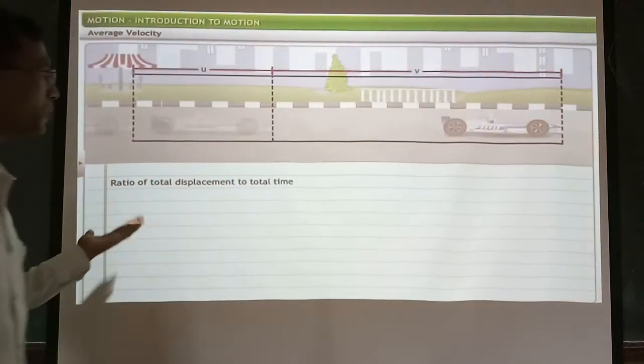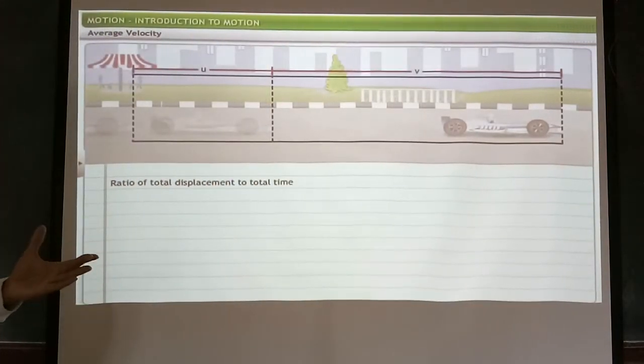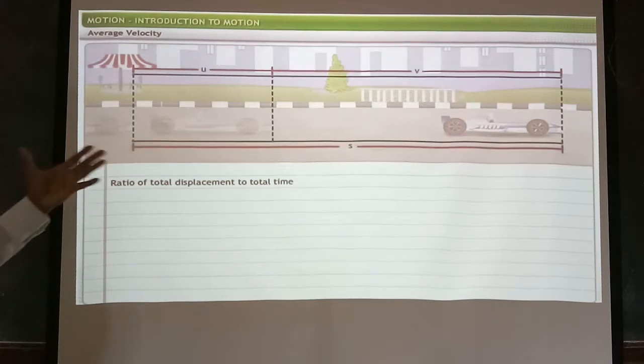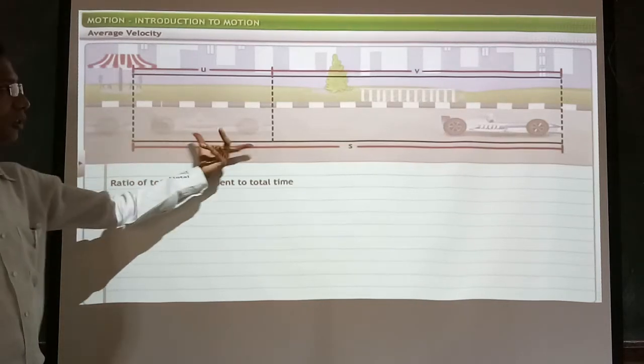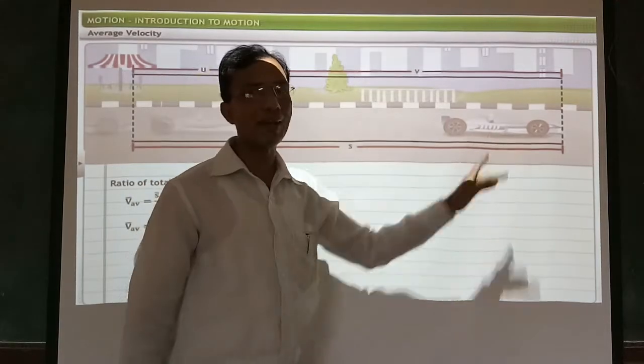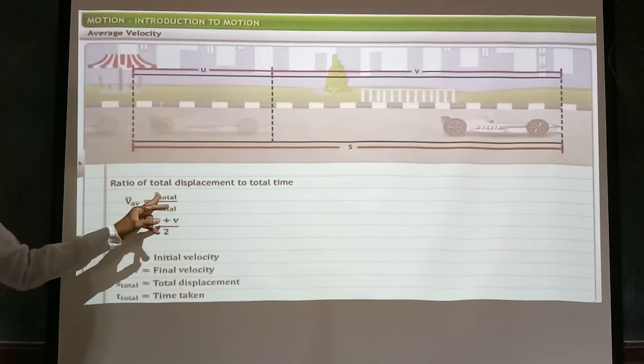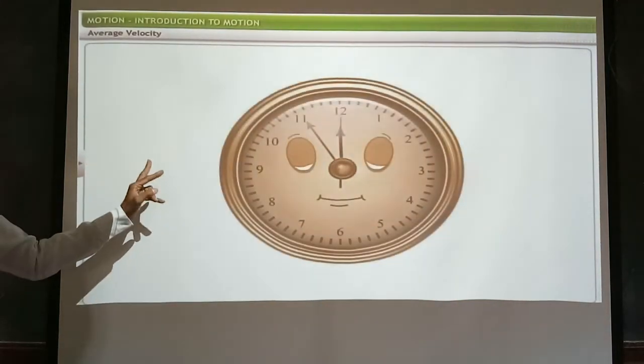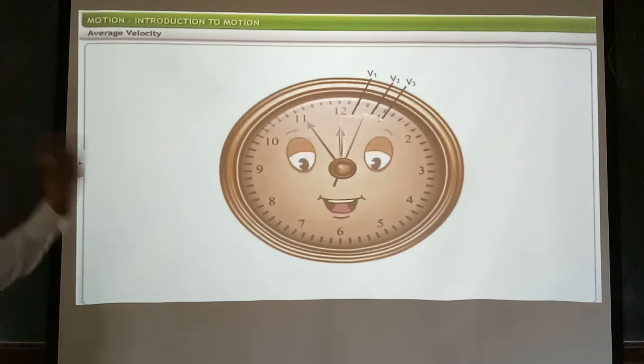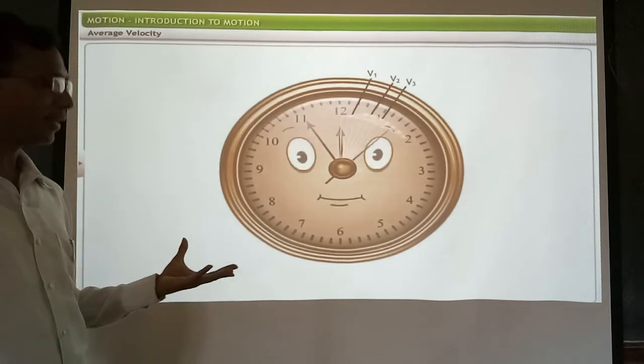We calculate the average velocity with the help of the distance as well as the time. Like u is the initial velocity and v is the final velocity. So average velocity equals total displacement upon total time, and from this formula we can find the average velocity.